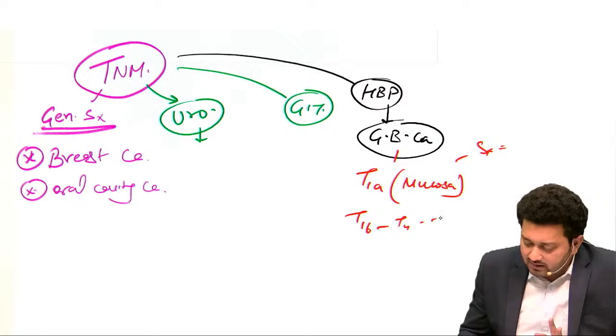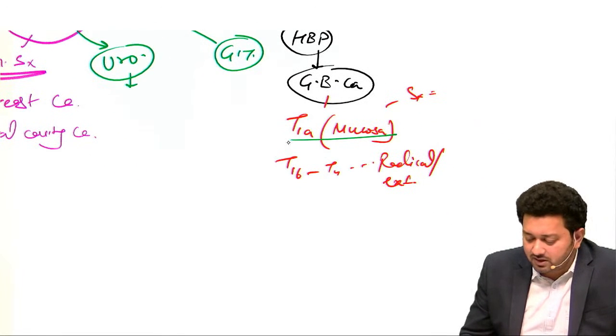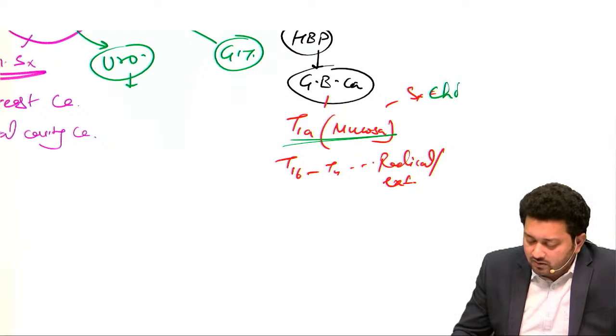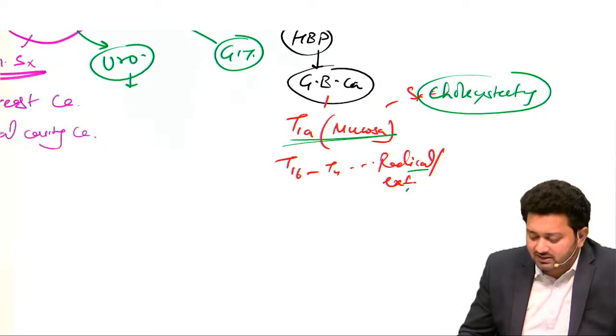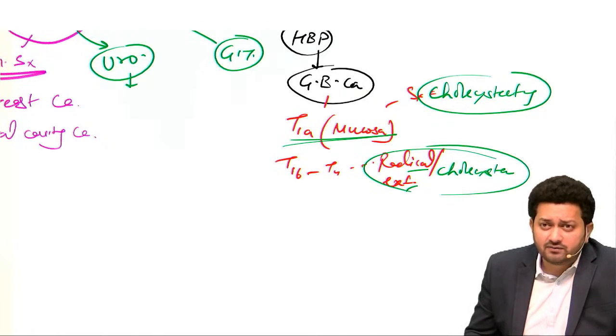T1B to any other, radical or extended. So they don't ask as such on the TNM staging, just they ask about the question. If the tumor is limited to mucosa, simple cholecystectomy is good enough. And if it is beyond, then radical or extended cholecystectomy, in which we have to remove a part of the liver and the lymph nodes from that area.